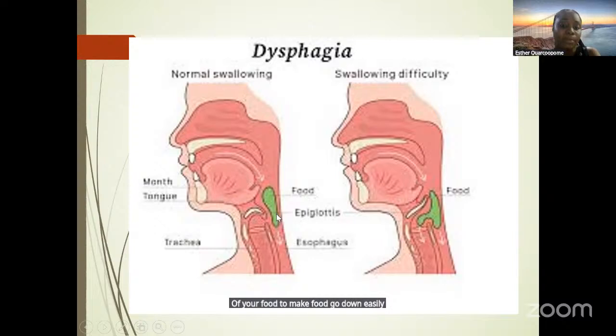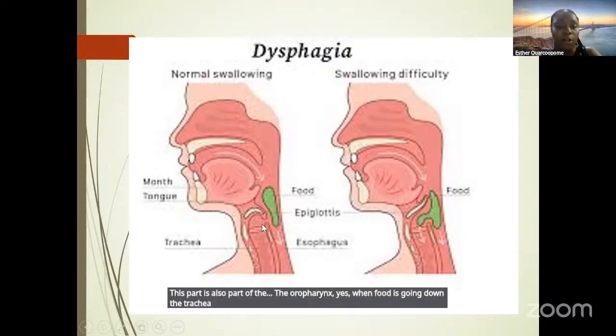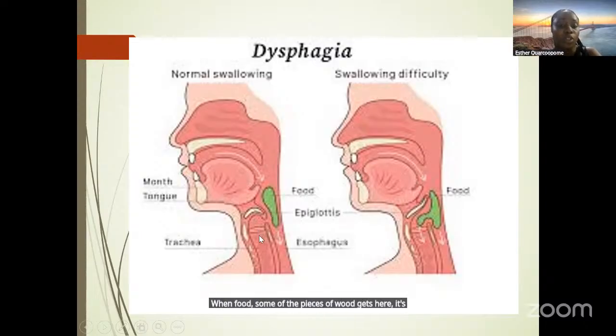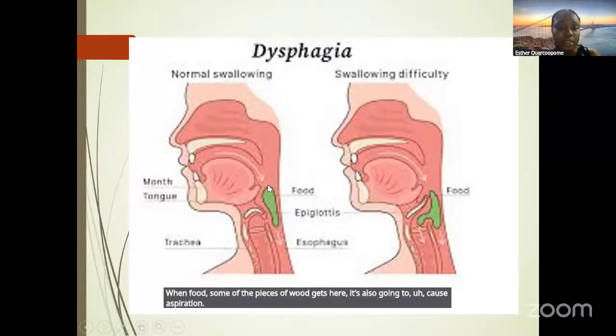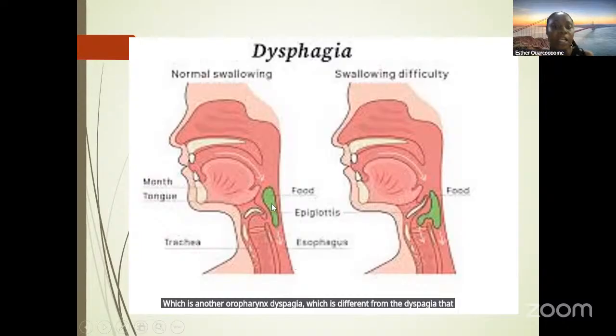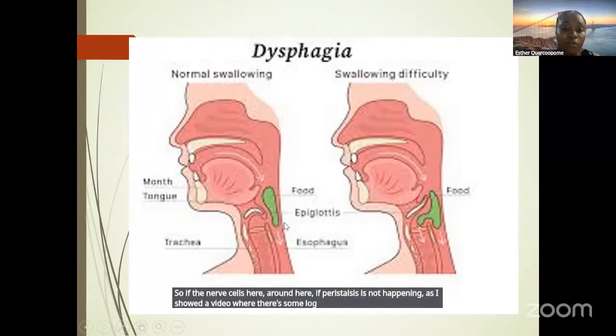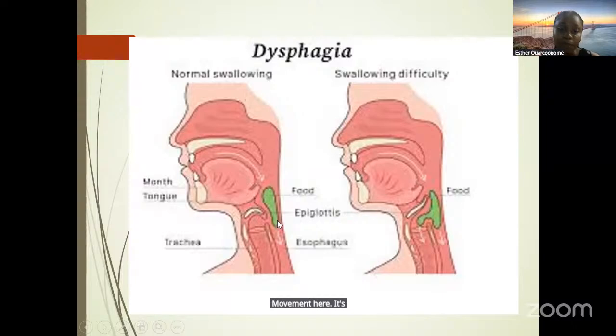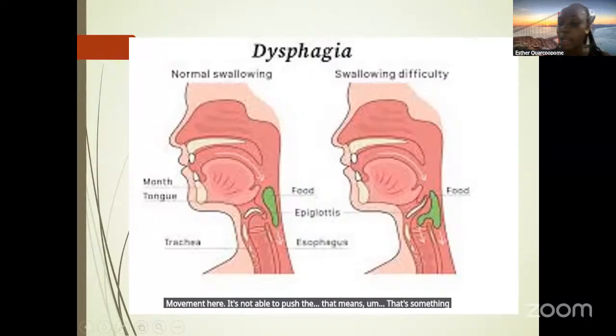Also, this part is part of the oropharynx. When food is going down the trachea, your vocal cord is here, so when some pieces of food get here, it's going to cause aspiration, which is another oropharyngeal dysphagia, different from the dysphagia that will happen here. If peristalsis is not happening, as in the video I showed where there is some movement here, it's not able to push the food, which means the nerve cells are being affected.